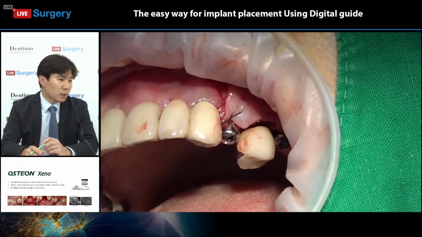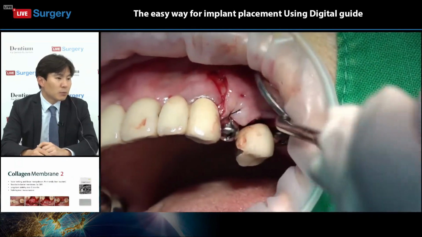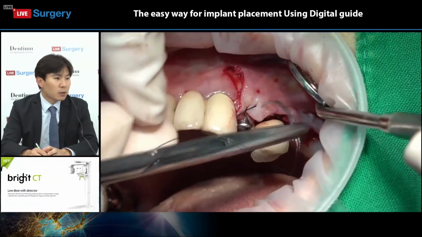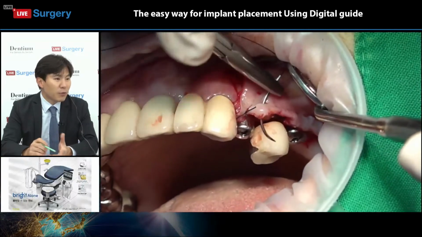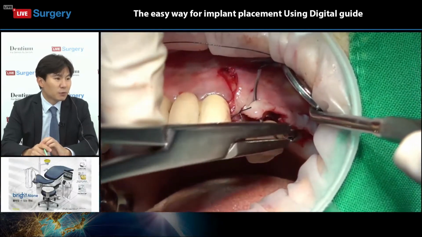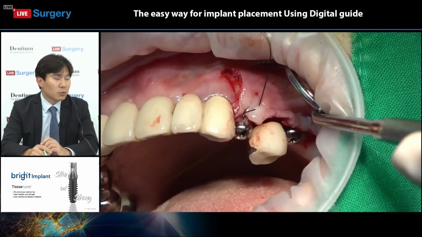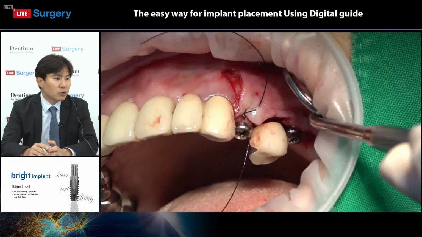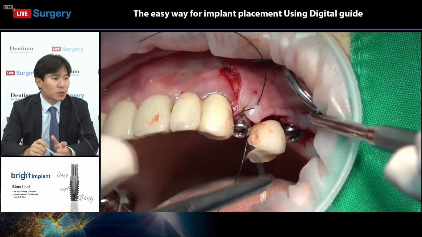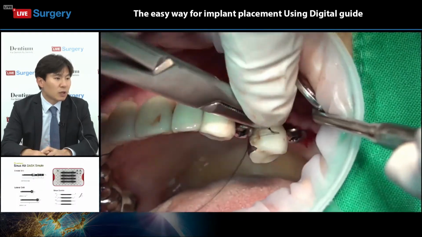If we start the suture from the distal part of the flap, sometimes the amount of flap for the medial area is not enough. So for me, it's better to start suturing from the medial side to the distal side.